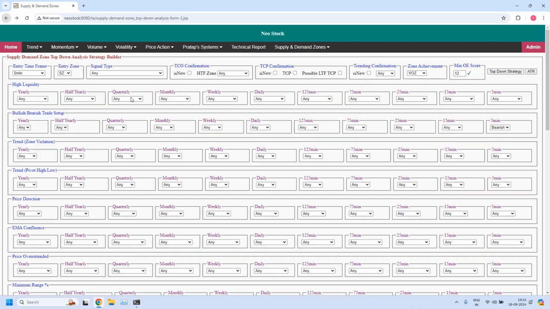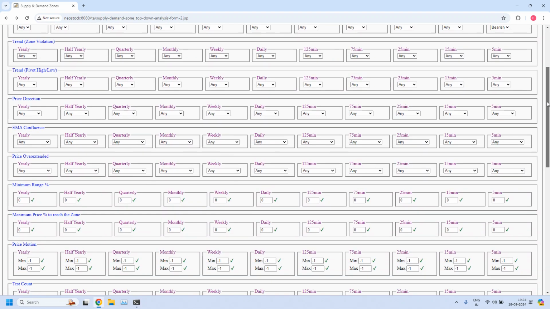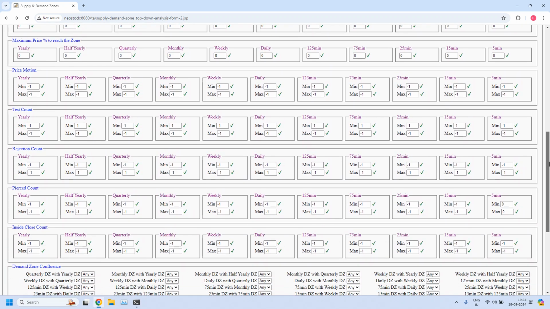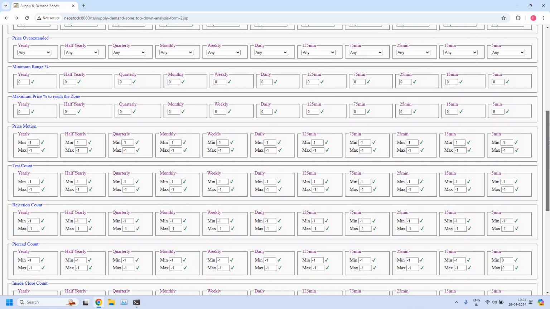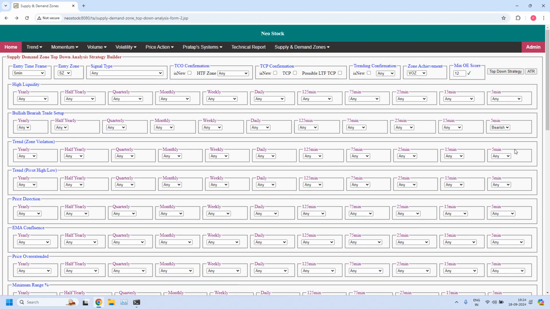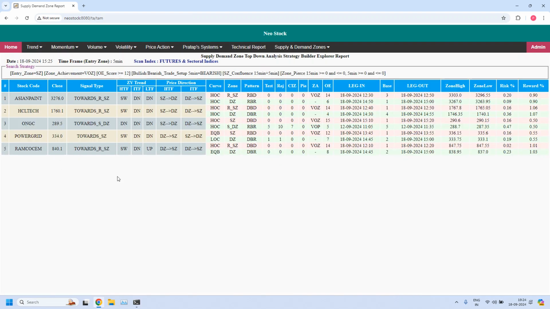Let's verify. Even 15 minute supply zone also should not be pierced. In the pierced count, 15 minute supply zone also minimum value 0, maximum value 0. Still we got 5. That means none of these 15 minute supply zones also pierced.